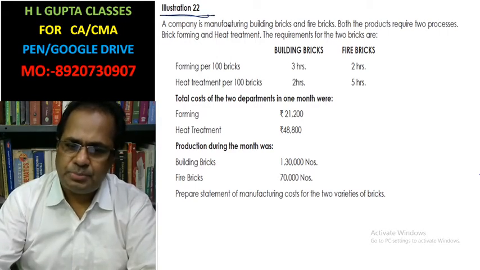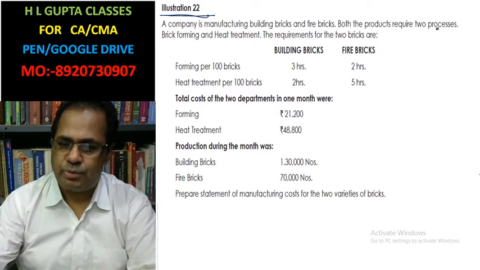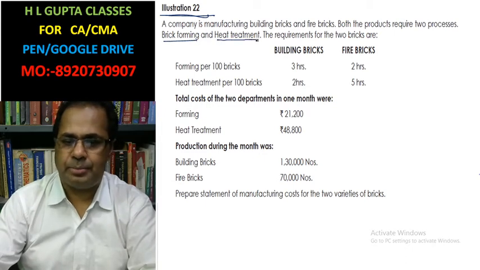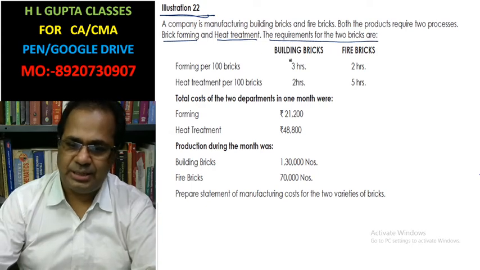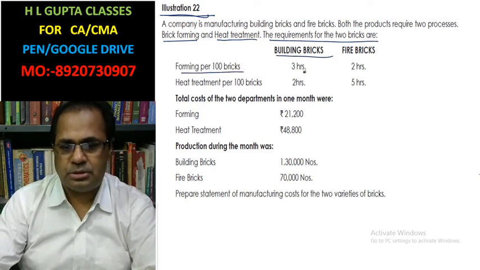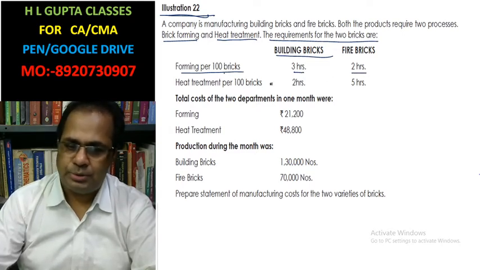A company is manufacturing building bricks and fire bricks. Both products require two processes, brick forming and heat treatment. The requirements are: building bricks, forming 100 bricks takes 3 hours; fire bricks, forming 100 bricks takes 2 hours.